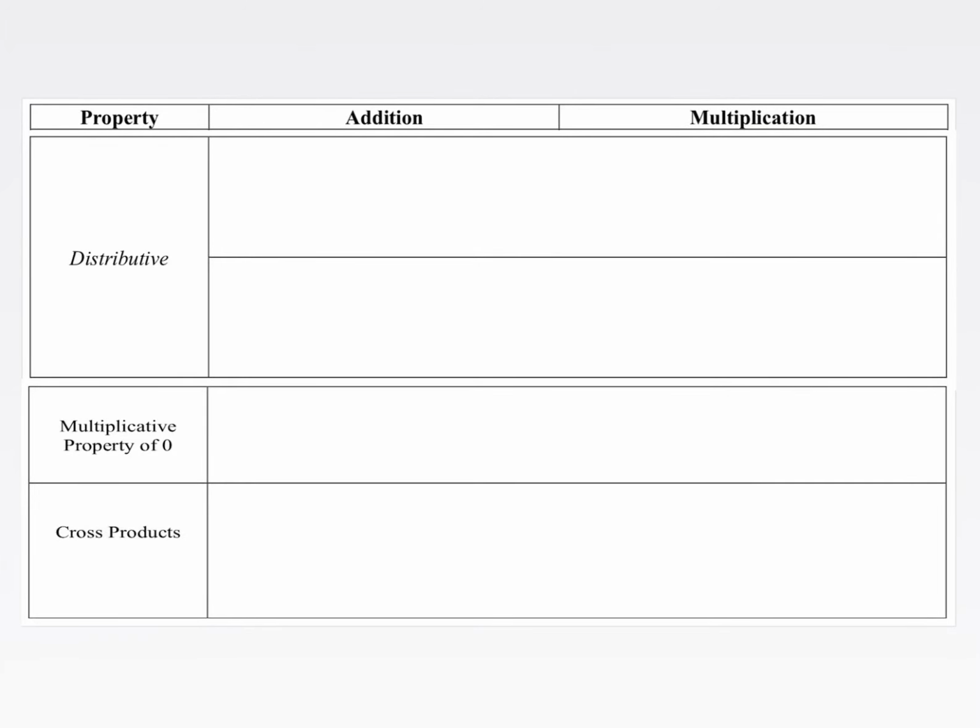The distributive property is defined as A times (B plus C) is the same thing as A times B plus A times C. So we're taking this A and we're distributing it to the entire quantity that's in our parentheses here.